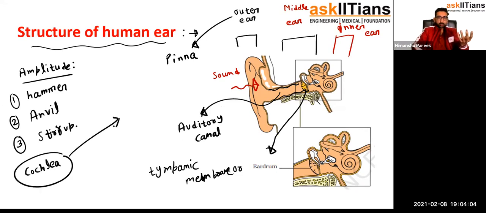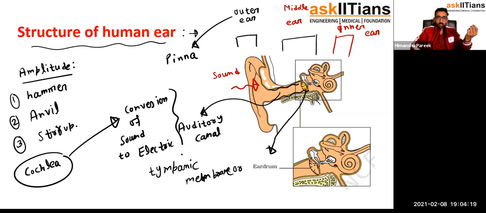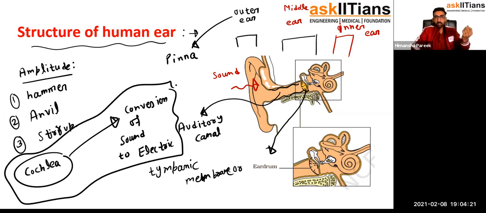So the cochlea is something which converts sound waves to electric signals, because our brain will process only electric signals, and then with the help of auditory nerves they'll be passed to the brain. Okay, and then the brain will process it: this sound is coming, so you'll get the information.